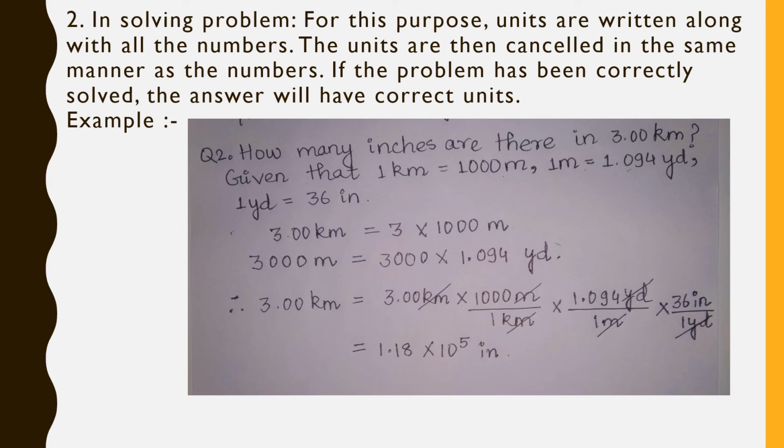So we can write 3 kilometer is equal to 3 kilometer multiplied with 1000 meter by 1 kilometer, in order to cancel out the units, multiplied with 1.094 yards divided by 1 meter, in order to cancel out the units, multiplied with 36 inches by 1 yard.